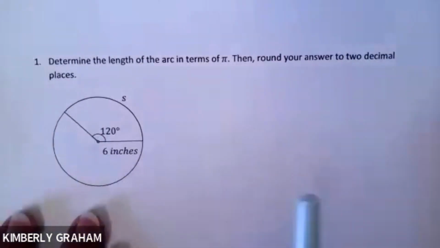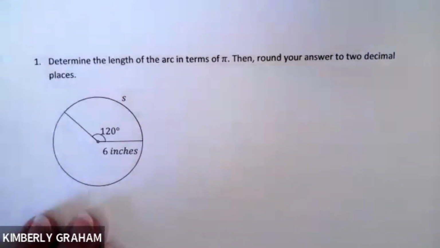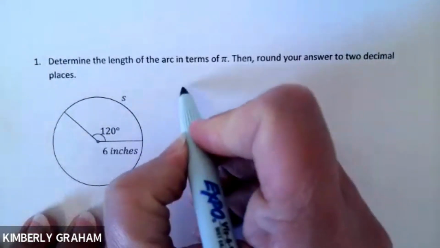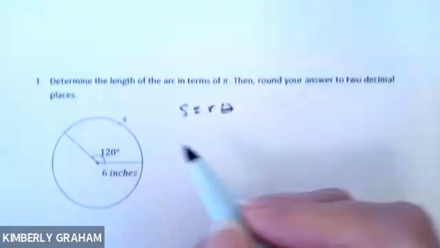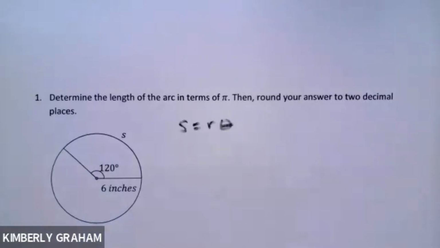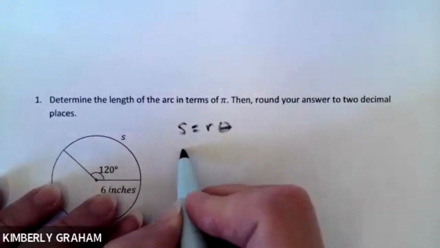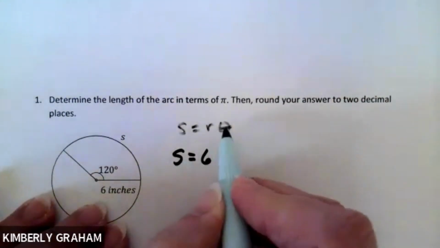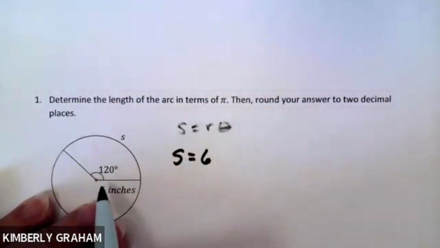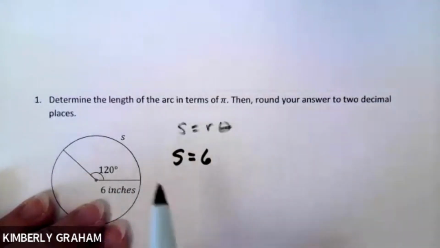Okay, our first problem, determine the length of the arc in terms of pi, then round your answer to 2 decimal places. So here's my formula, S equals R theta. S is what we're looking for. R we're given to be 6 inches, and my theta has to be in terms of radians.